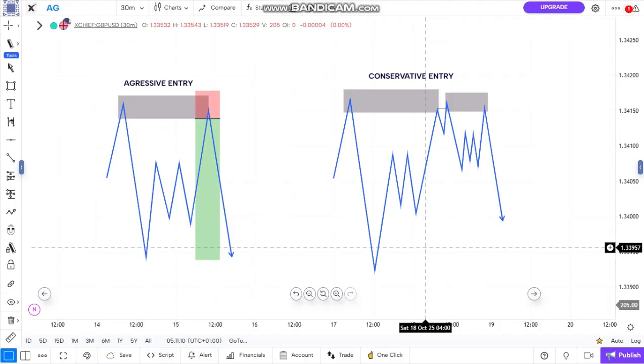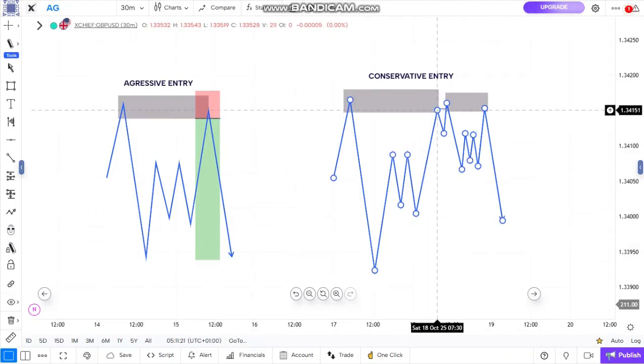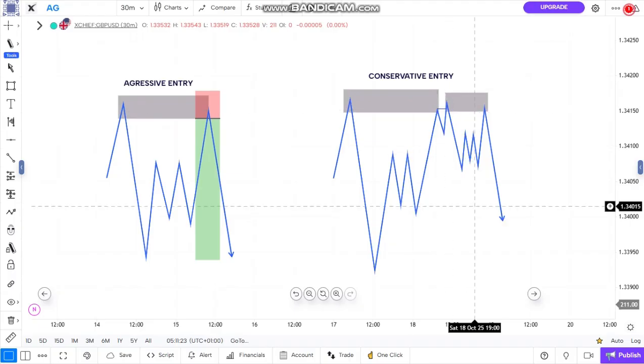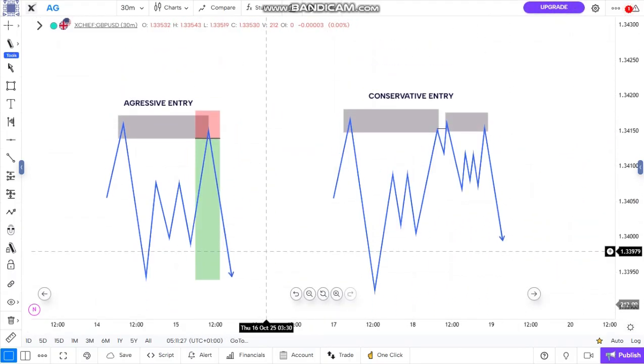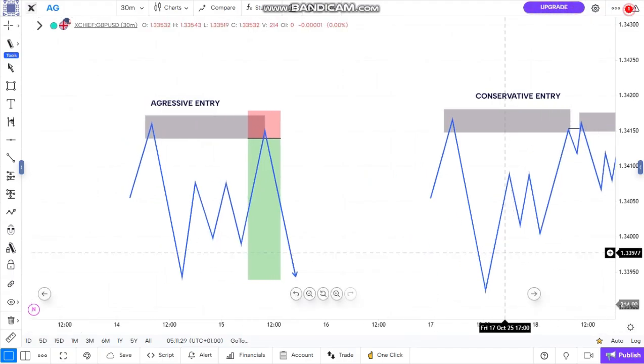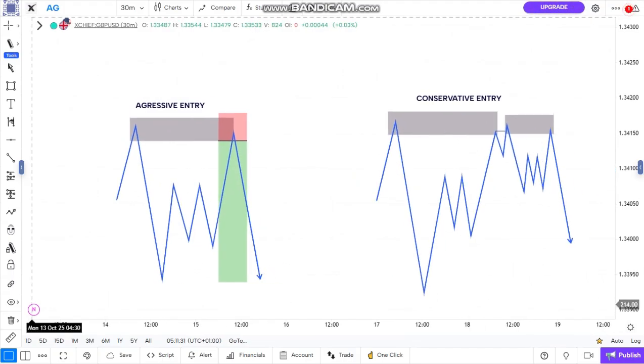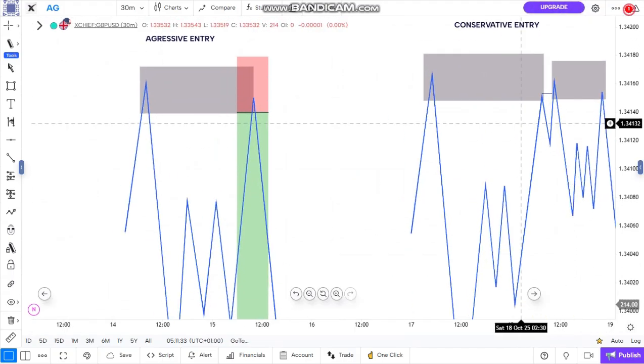The two most important highs and lows when you are trading conservative are the last high before price mitigated your demand or supply zone, and the last low after the mitigation happened. So this was the last high we have here, the last break of structure. Let me zoom in for you to see.